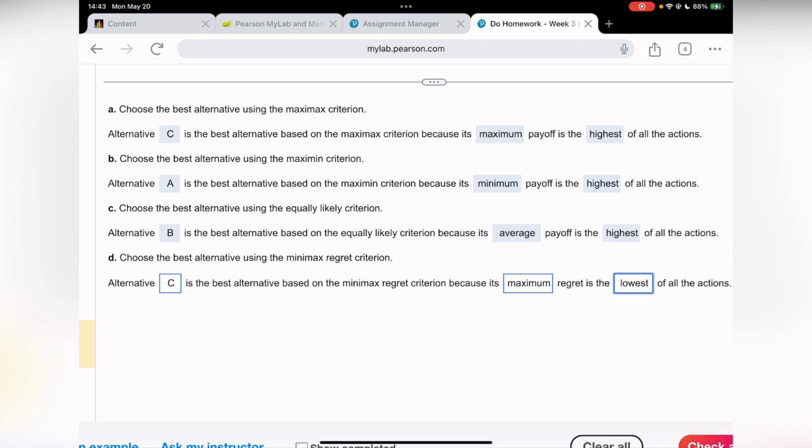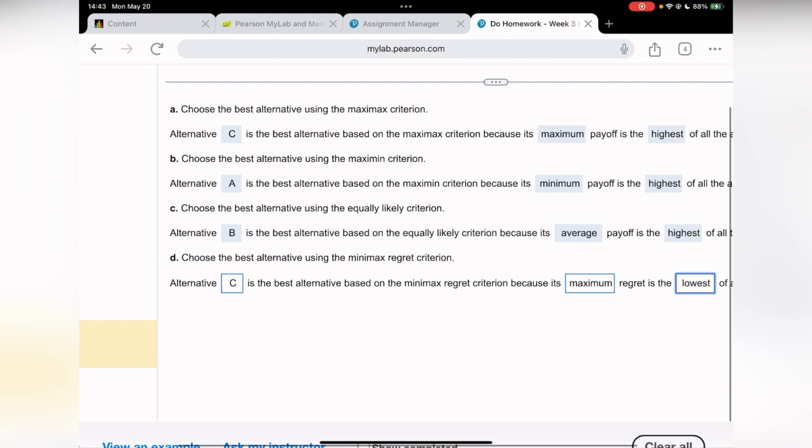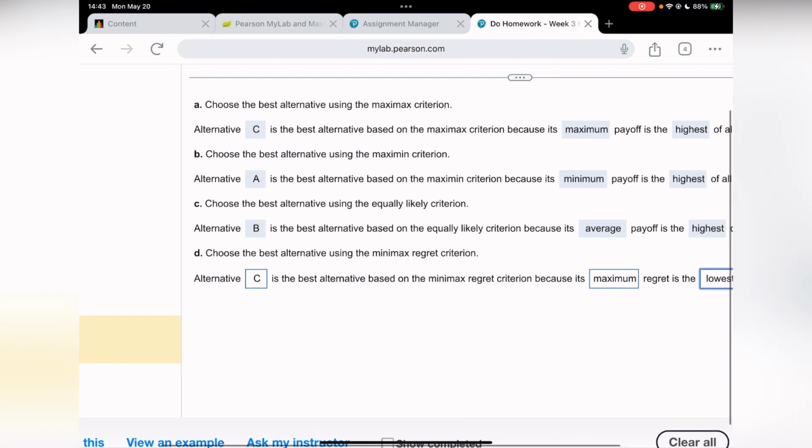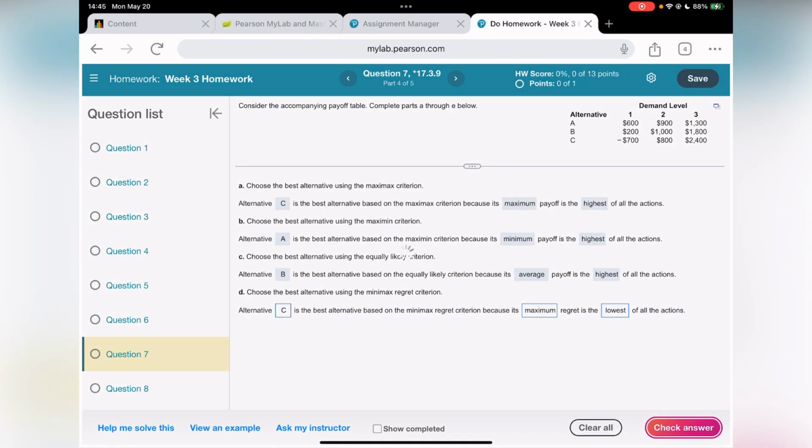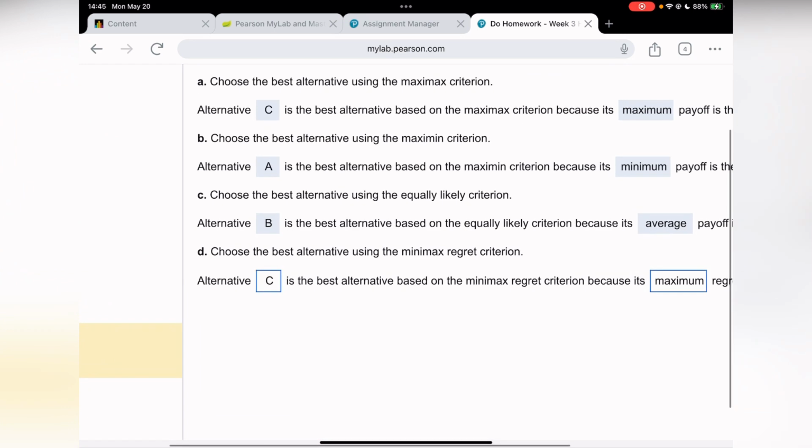The word minimax means we are looking for the minimum among the maximums. The word maximin means we are looking for the maximum among all minimums. And when it says equally, we are using the average. Let me check what is wrong. Oh, I said B and put C.